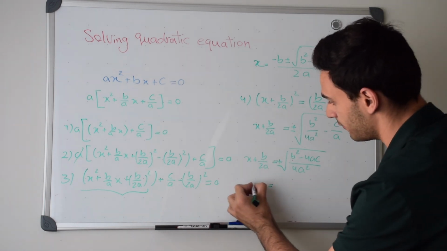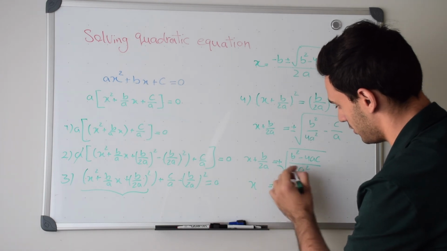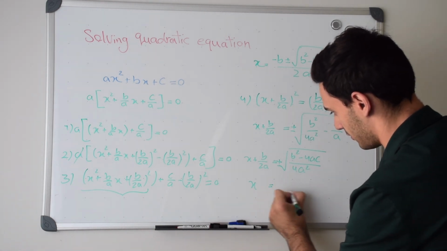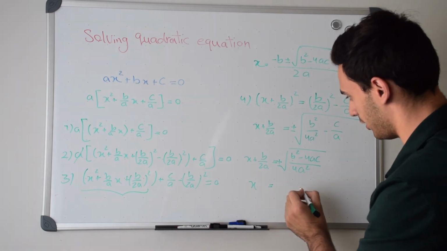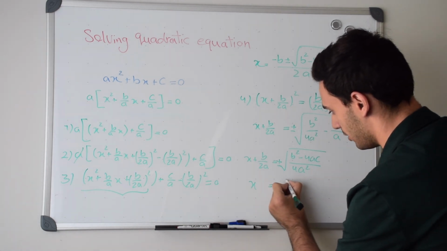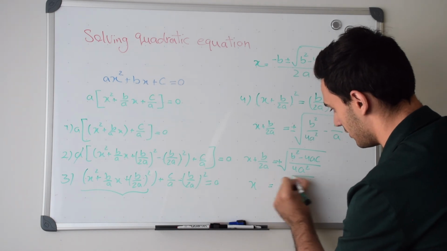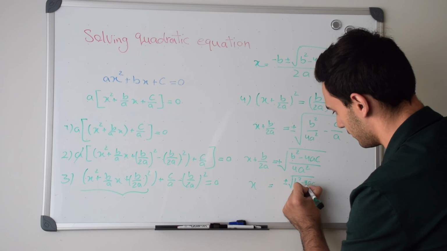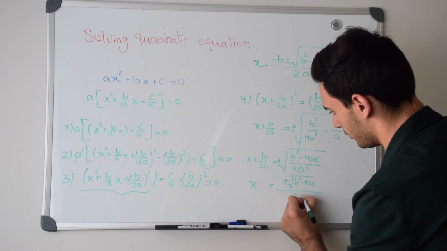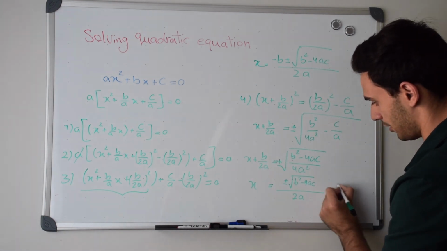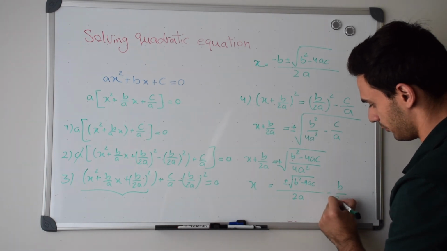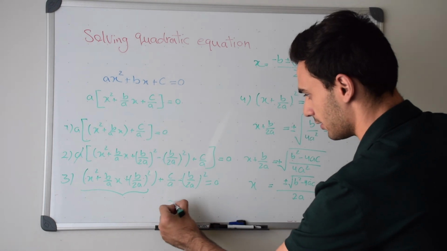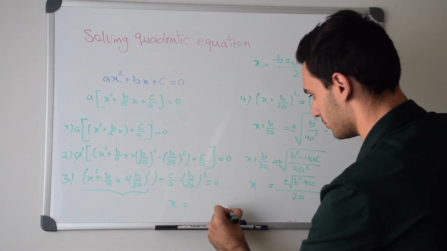And then I'll have x equal to. So 4a squared can come out as 2a, right? So I'll have plus or minus the square root of b squared minus 4ac, over 2a, minus b over 2a.